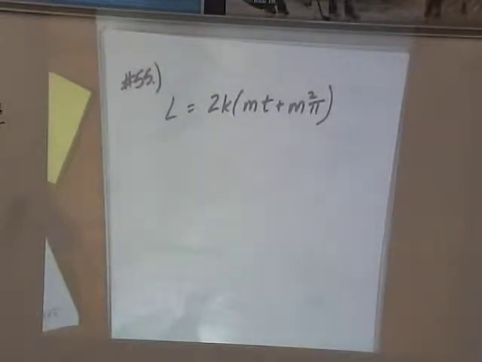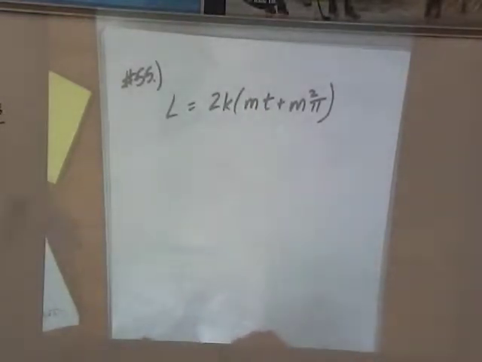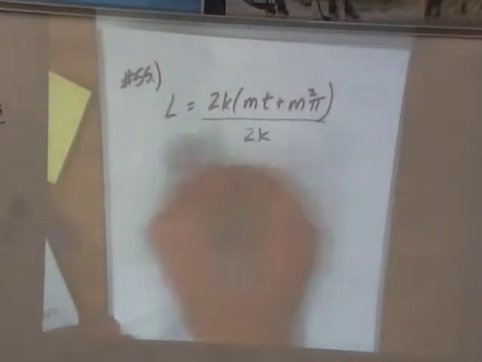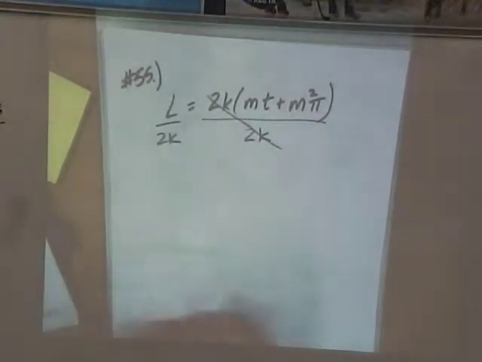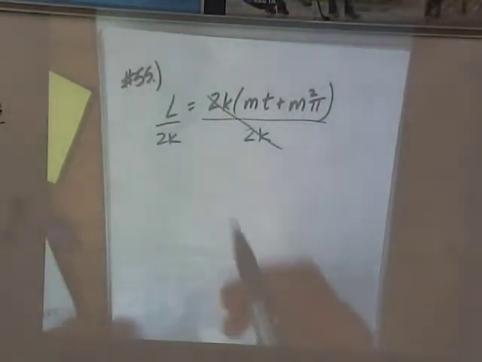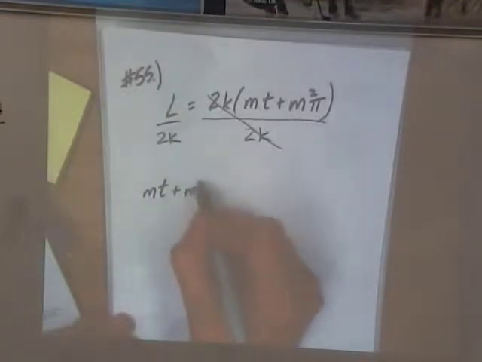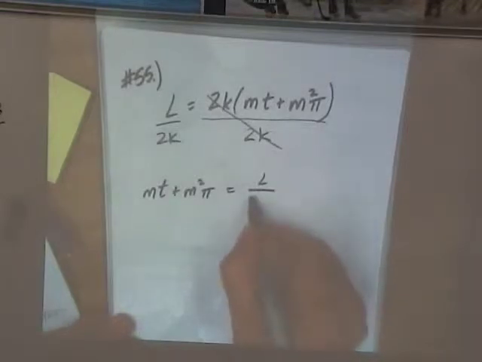So if I distribute, I'm actually putting something with the T. That's an extra step, right? Because eventually we'd have to get rid of that. So why don't we just divide by 2K first, just to move that 2K over to the other side. So those will cancel out. I'm going to switch the sides so that my T is on the left. So I have mt plus m squared pi is equal to L over 2K.